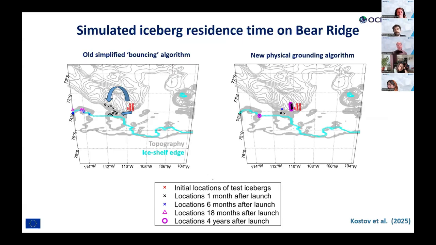While with the new, more realistic, observationally and physically motivated grounding scheme, when we release icebergs near the shallow end of Bear Ridge, they hit these topographic obstacles and they plow into the sediment. They form these scours, but if we zoom out, it's as if these icebergs almost don't move a lot, and they remain grounded, embedded in the sediment over the course of years, which is what we see in the satellite images as well.